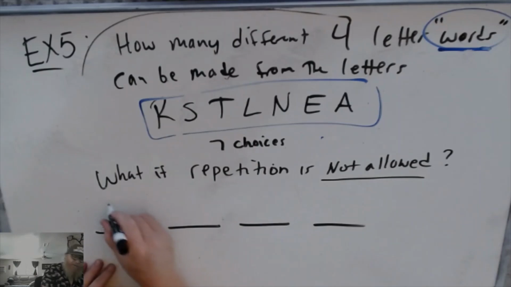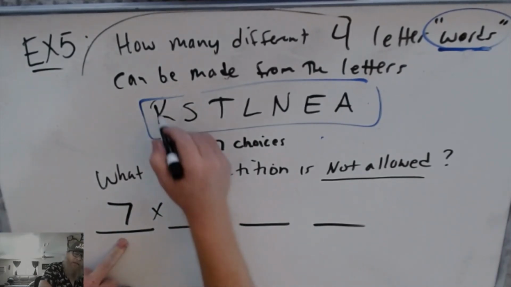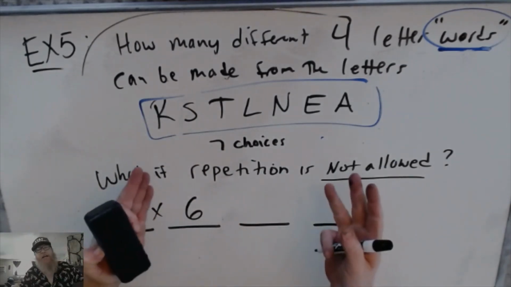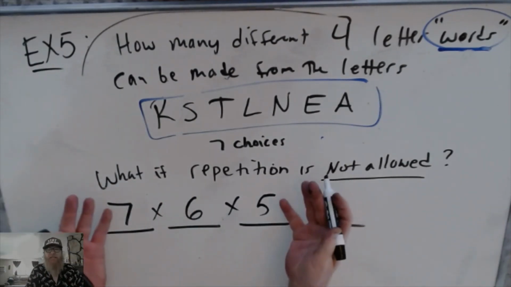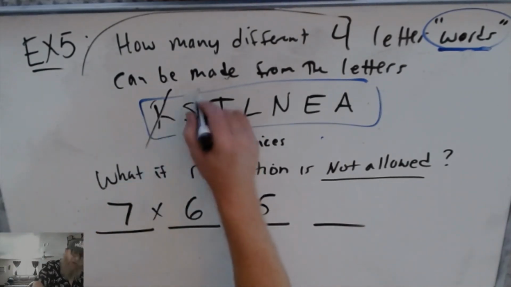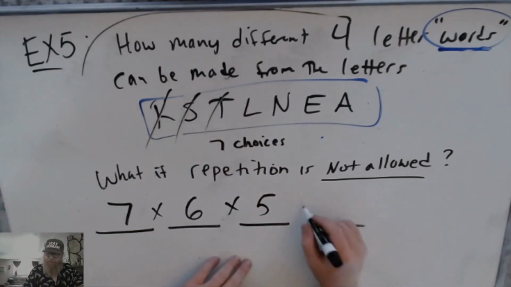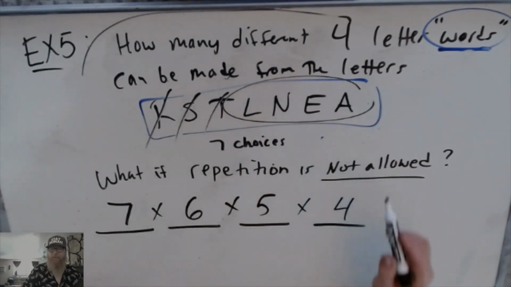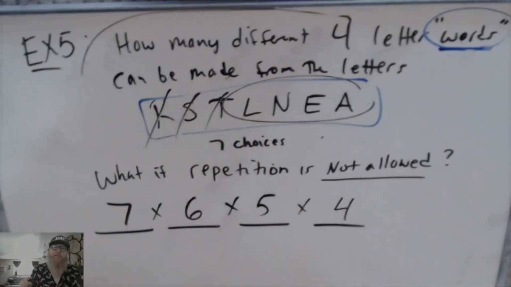Well, that would mean that I have 7 choices for the first letter, but then once I've chosen that letter, I only have 6 choices for the next letter. And then 5 choices for the next letter. It's kind of like once you use a letter, you cannot use that letter again. And then finally, for your last letter, you would only have 4 choices. Now, it might not necessarily be these 4 letters. It depends which letters have already been used.